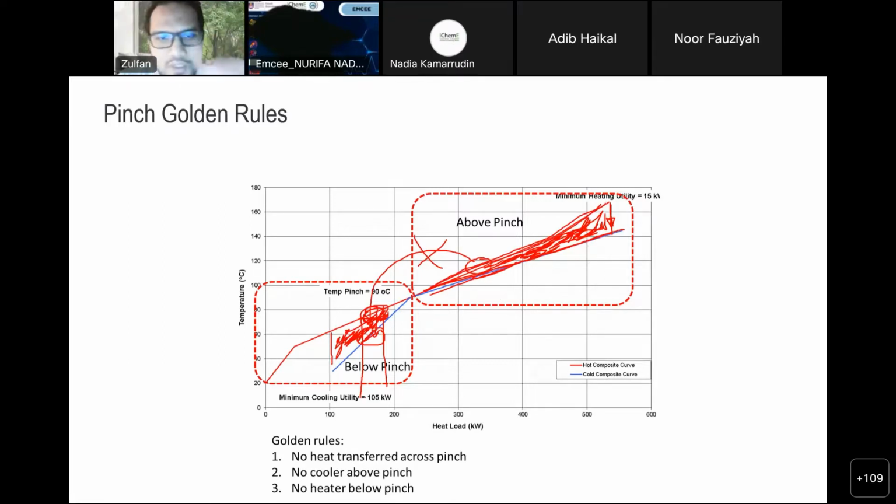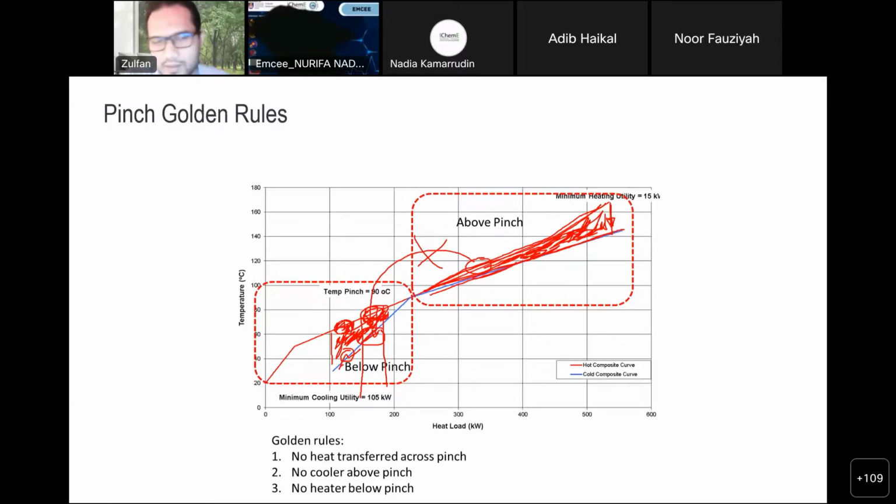The same goes for below the pinch. This stream is going to be heated only by this stream, or this stream needs to be cooled only by these streams. So we don't need to add a heater here, because if we add a heater, that means we are not using this energy. So this energy will then go to waste in the cooling tower, which we have to pay for. So these are the three golden rules that I think you already know.